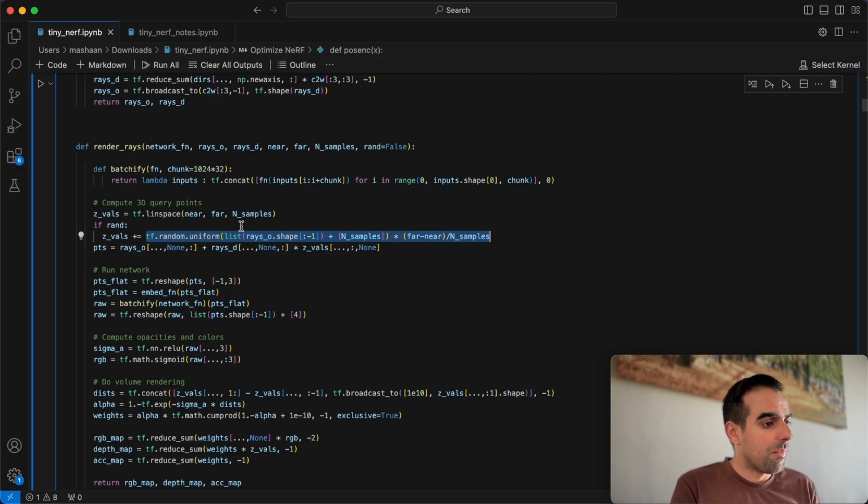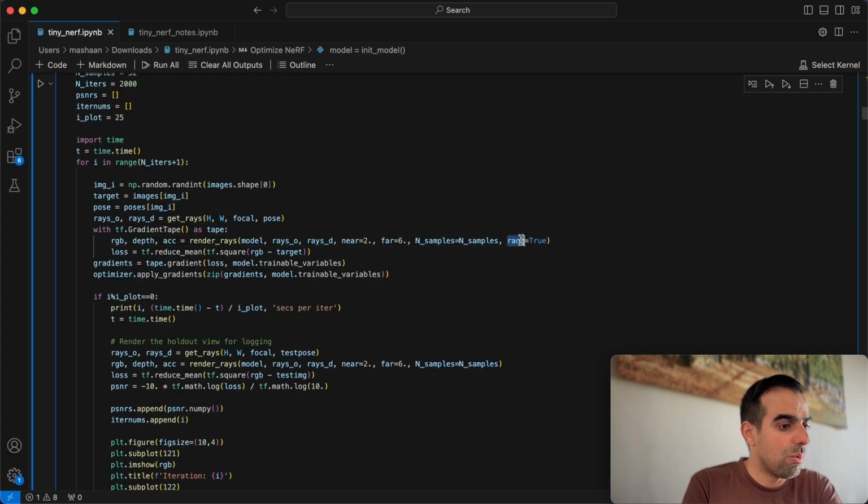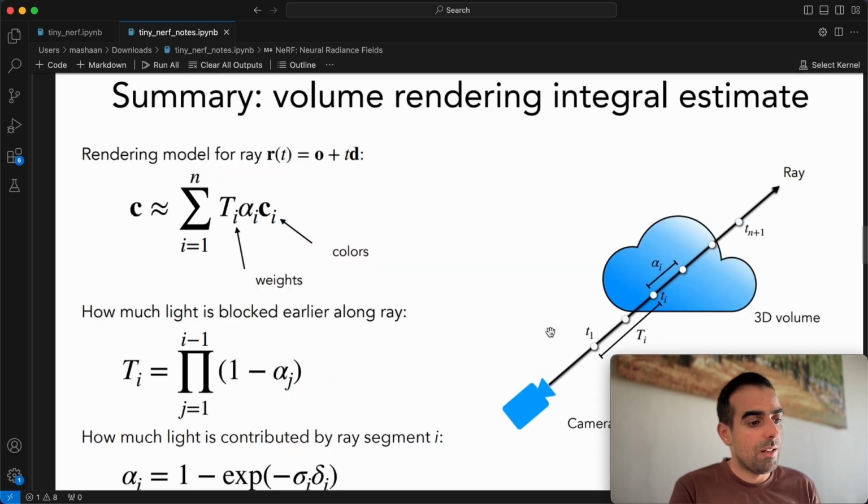And usually this flag here, rand, is set to true, because you don't want the distance between all the samples along the ray to be the same. You want to move the points a little bit, because at the end you are trying to render a continuous scene, and you don't know where the volume points are. So you are trying to mimic that distribution as much as possible by adding some randomness into the sampling process.